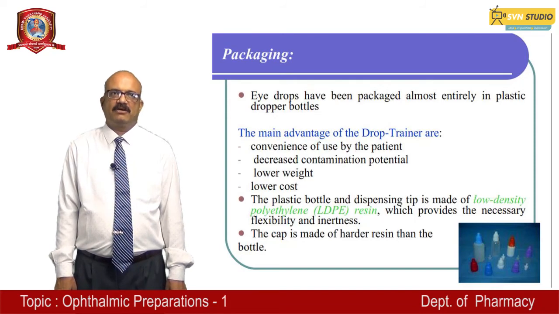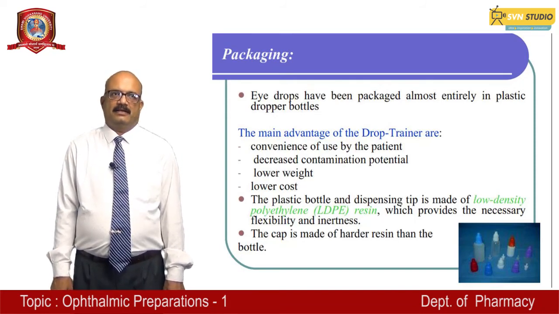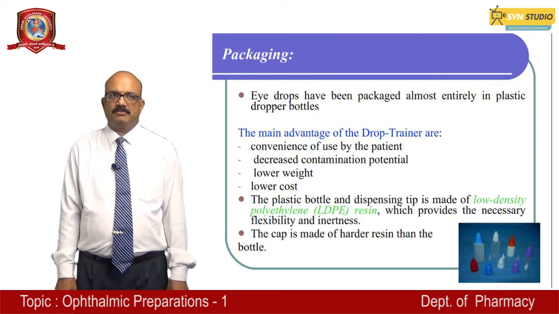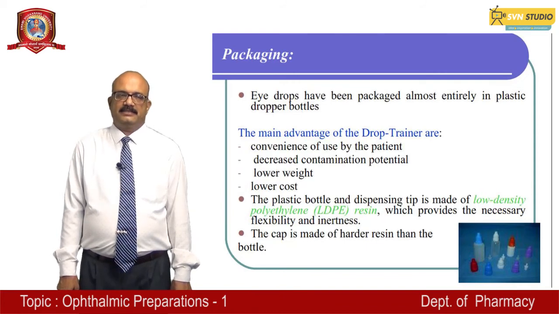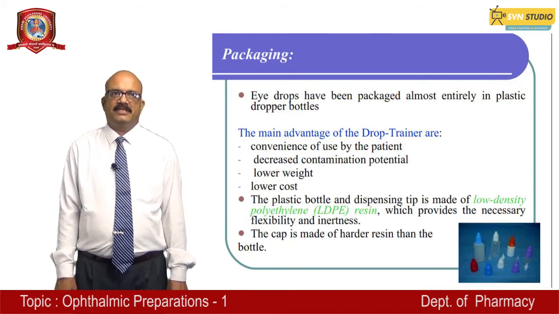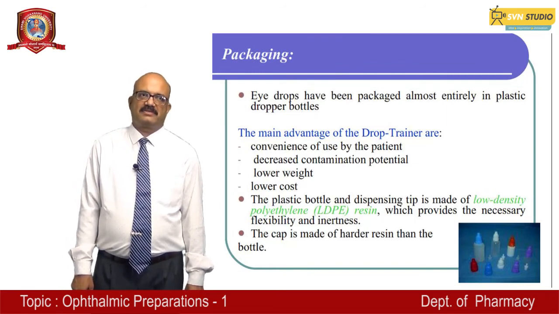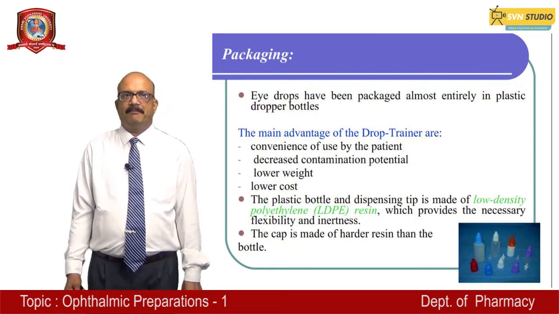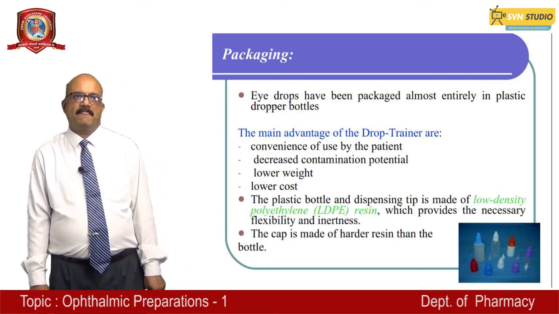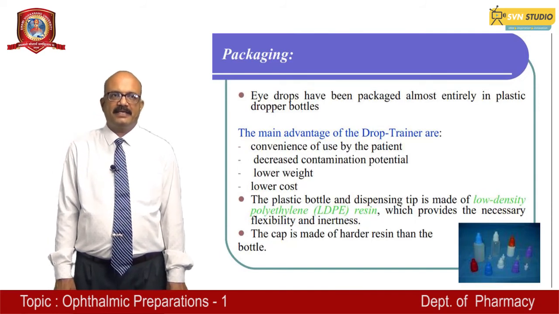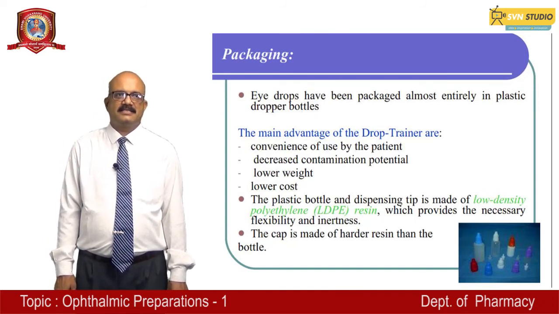The main advantages of the dropper containers are that they are convenient for the patient or consumer to use, they decrease the contamination potential, they are lower in weight, and of course they have a much lower cost compared with glass containers. The plastic bottle and the dispensing tip are made of low density polyethylene, LDPE, resins, which provide the necessary flexibility and inertness.